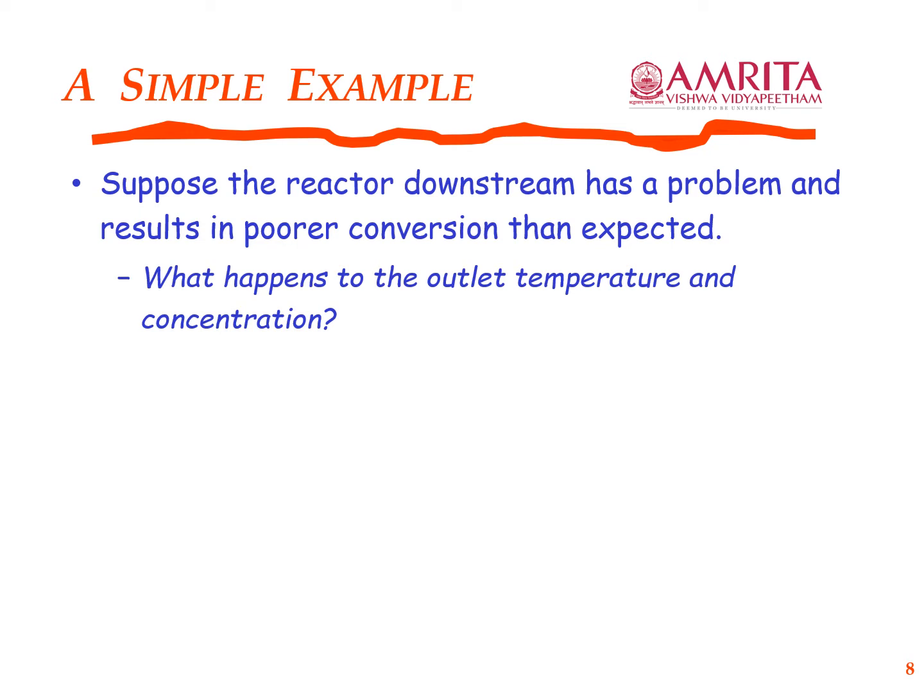So your feed into the reactor basically after the recycling is going to be at a lower temperature than usual, which means for an exothermic reaction, your conversion will drop further.